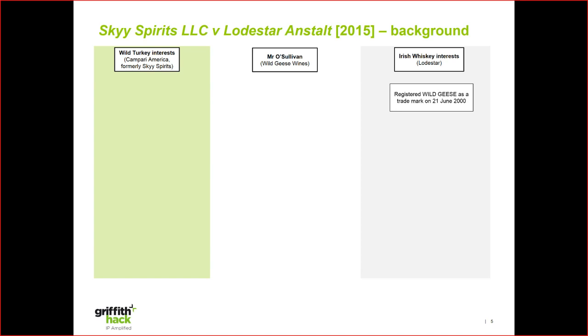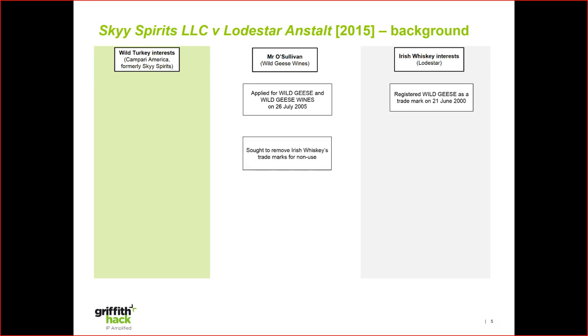And there was a wild geese trademark registered to Irish whiskey, and unbeknownst to Mr. O'Sullivan, he didn't know that existed, but he filed his marks as well for wild geese and wild geese wines. He received an adverse report, and he then thought that he might seek to remove the trademark registered by Irish whiskey.